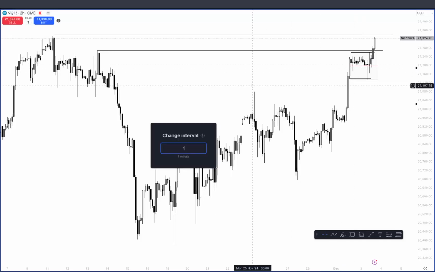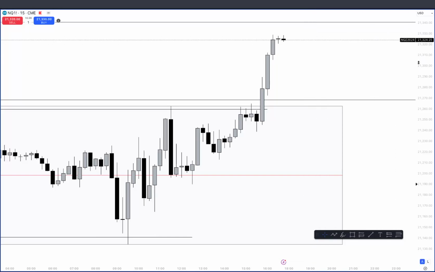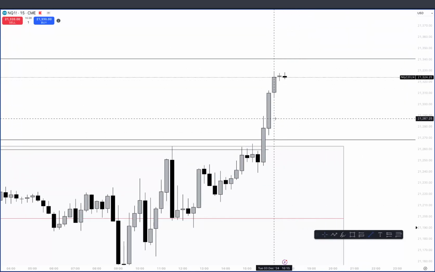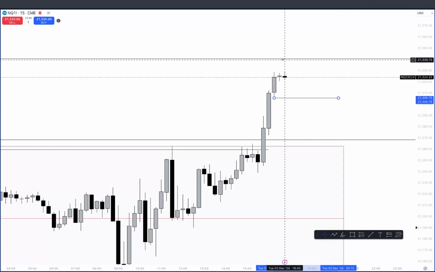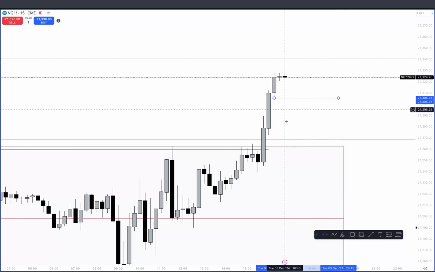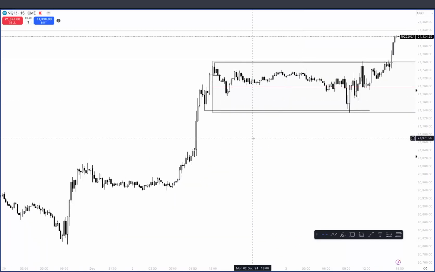Unless I'm wrong, and I'm not in a trade right now, but it could make a pullback here and come and close below this, and then after closing below that, it could come back up, making that a swing, making that the actual breaker, SNDR, whatever you want to call it. But anyways, back to the trade.